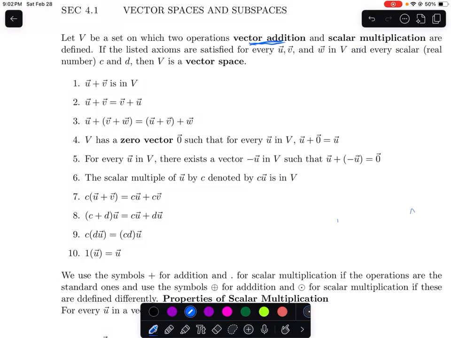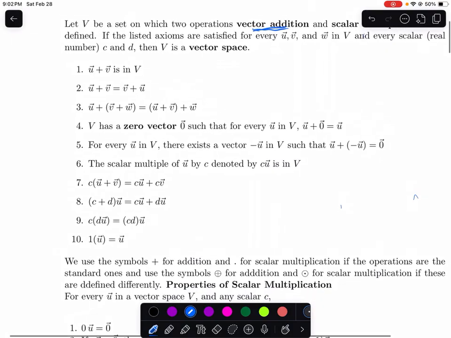But we don't always have to do all of these. If you can assess which axiom will fail, you can directly go to that. At least one axiom should fail, then it will not be a vector space.